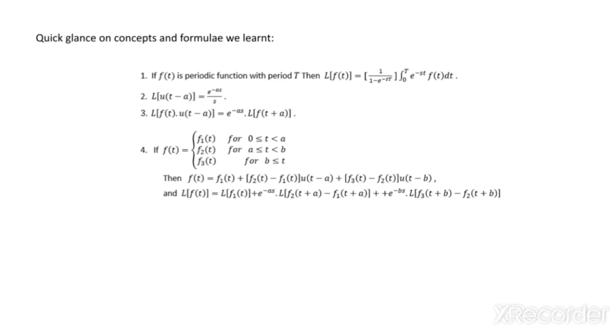In the case of a discontinuous function, we have to first express it in terms of unit step functions and then apply the Laplace transform. By using the result which we have taken in 3, we can get the Laplace transform of those terms also.